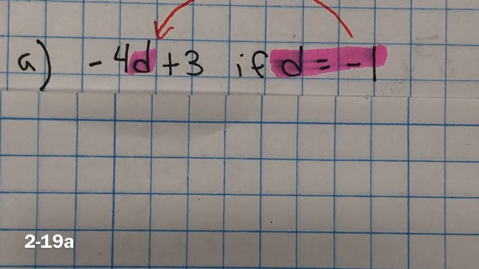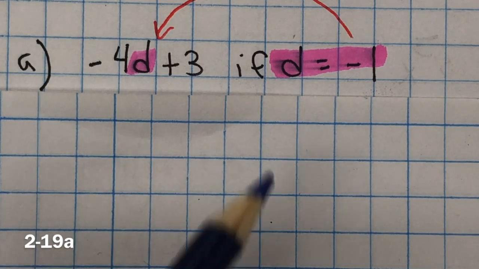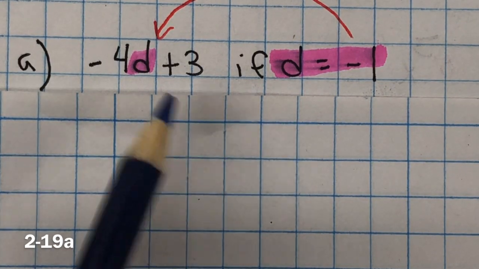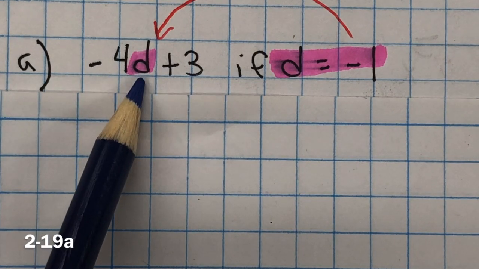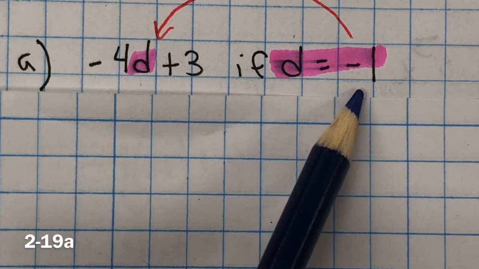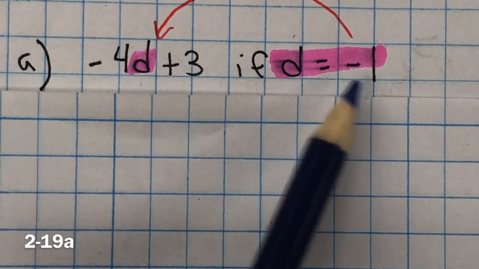For 219, we're going to evaluate the expression for the given values. And the word evaluate means to replace a variable with a number and to calculate the result. So we're going to replace the variable d with -1, because d equals -1.